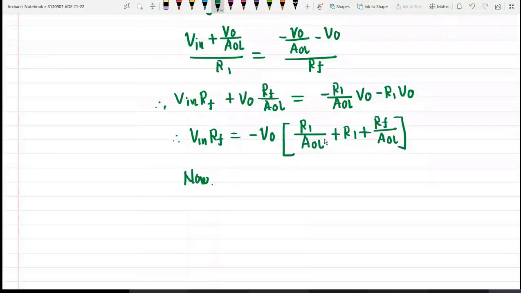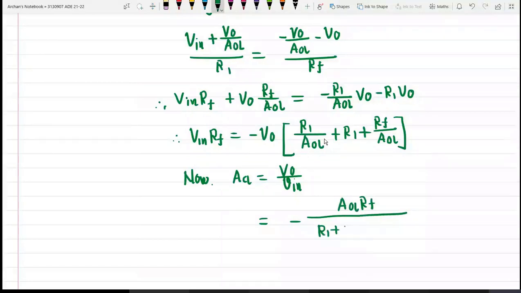Closed loop gain ACL is nothing but the ratio of output voltage to input voltage with feedback. So we have V0 by V in, right? So ACL will become minus AOL times RF divided by R1 plus RF plus R1 times AOL.